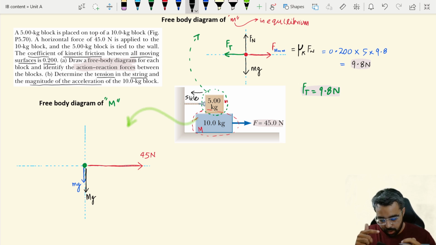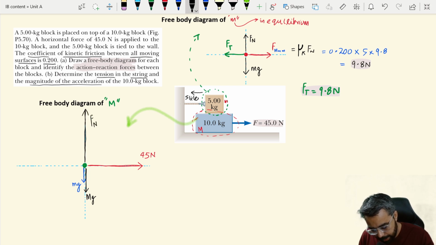Which normal force? The force exerted by the surface on the lower block, which we should represent in the free body diagram by the longest arrow. And this is the force which is in fact equal to mg plus capital Mg. All right.